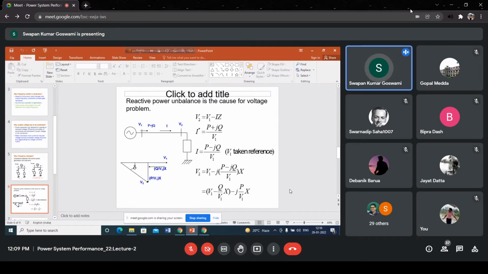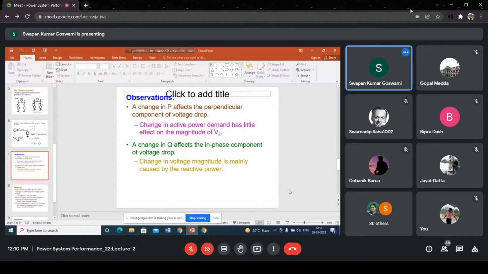But this part also I have discussed that when active and reactive power is being delivered by the generator and it is received by the load center, then it can be shown that it is the reactive power flowing from the generator end to the load end that is more responsible for the voltage drop, and phase angle difference is basically created by the active power portion. Okay, so this also was discussed.